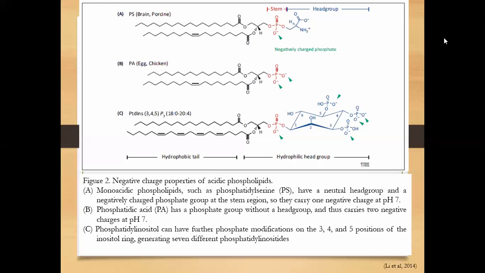Because the phospholipid bilayer, if you still remember the structure, is going to have charged molecules. So this one is charged, this is a charged molecule, this one has a net charge of 0, this one is negatively charged, and this one has more charged molecules. So the number and the combination of the head groups on the phospholipid bilayer will change the charge of the molecule.